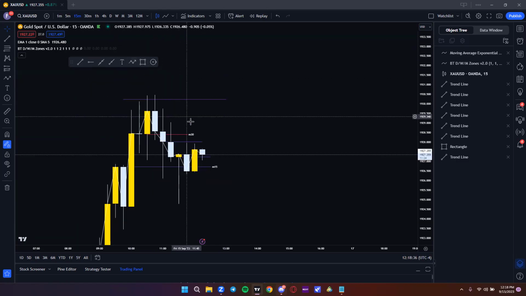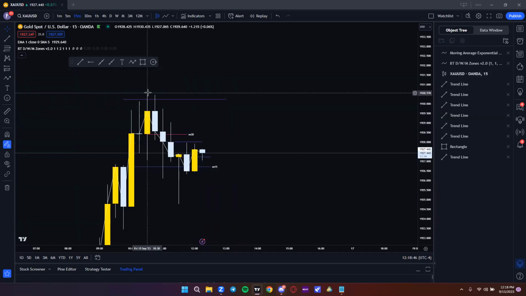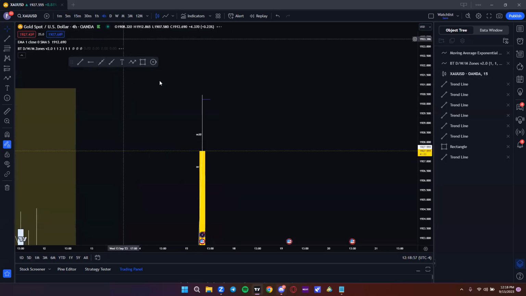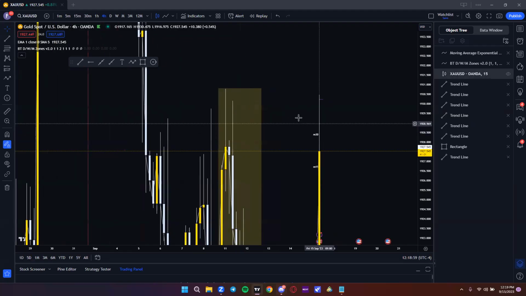I still need to see whether or not this breakout is only just a pullback or not. I'm still considering it bearish at the moment because this initial push is coming from my H4 level.